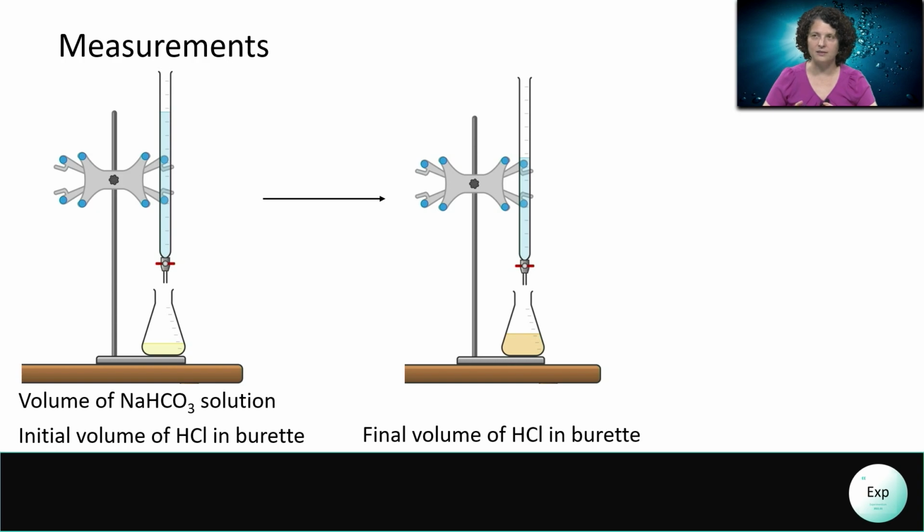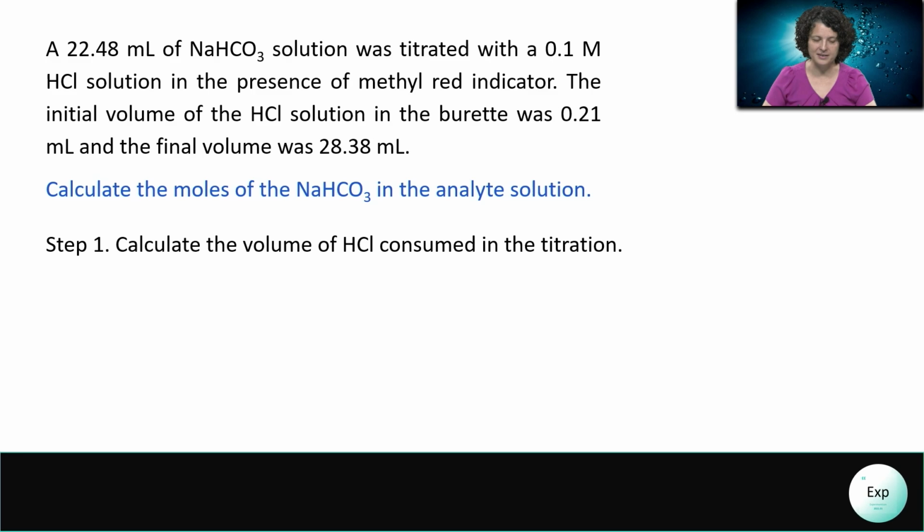Then we titrate our sodium bicarbonate solution with hydrochloric acid by adding the acid in small increments until the color goes from yellow to orange. At that point, we're going to record the final volume of the hydrochloric acid in the burette. With all these measurements in place, we're ready to do some calculations.